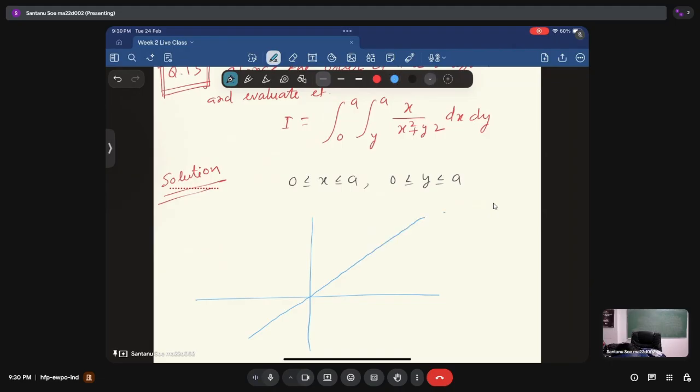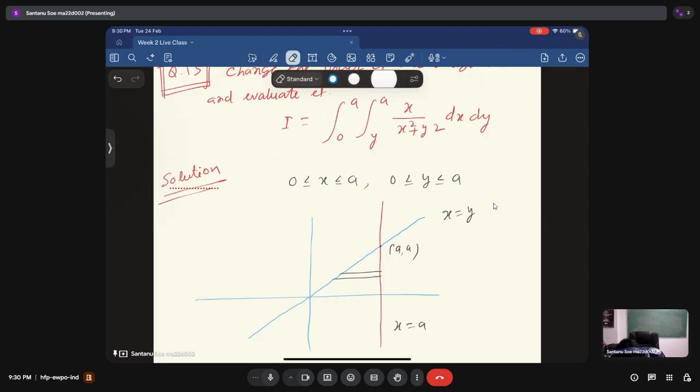So this line is x equals to y, and this line is x equals to a. So this is x equals to a, and this point is a comma a. Okay, so x is varying from y to a. So this is like this. So they have given this strip, and y is varying from 0 to a.